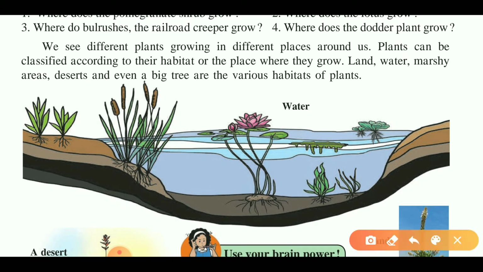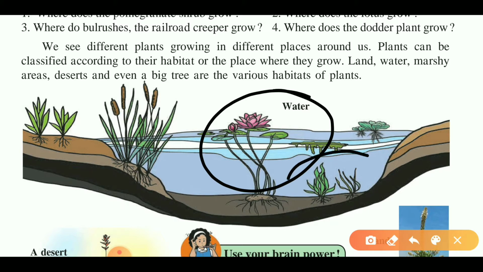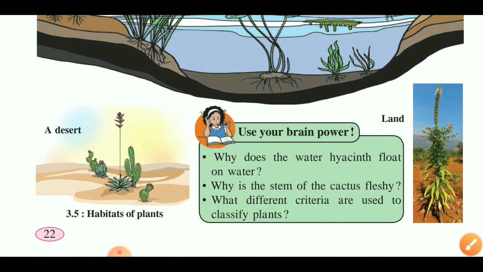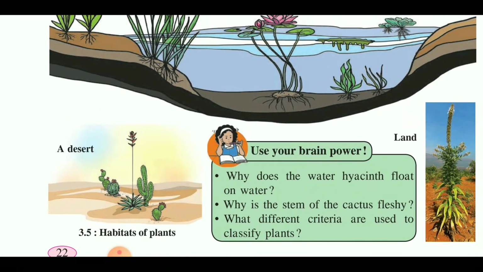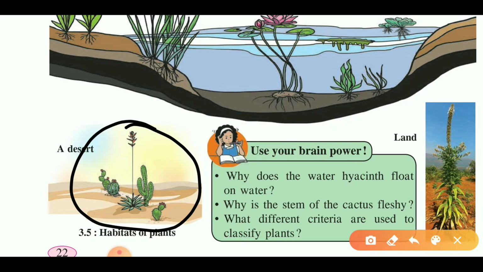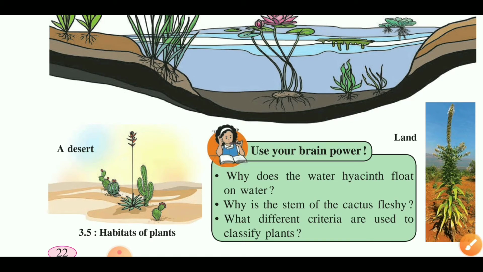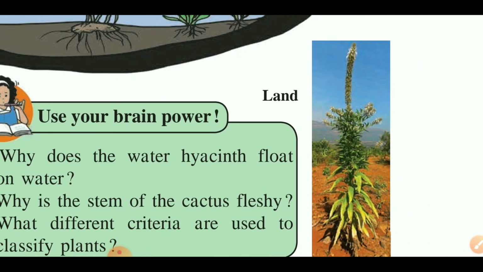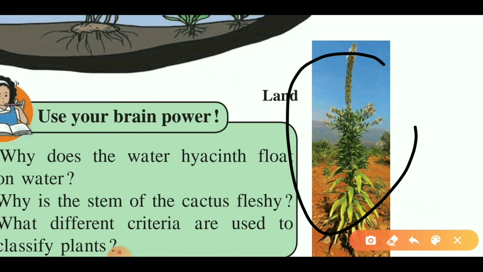Now if you see here, here is water and which plant is there? Lotus plant and some underground plants are there. These are the water plants. Then here, which plant is this? Desert plant. Desert means cactus, and here, if you check properly, this plant grows on land.